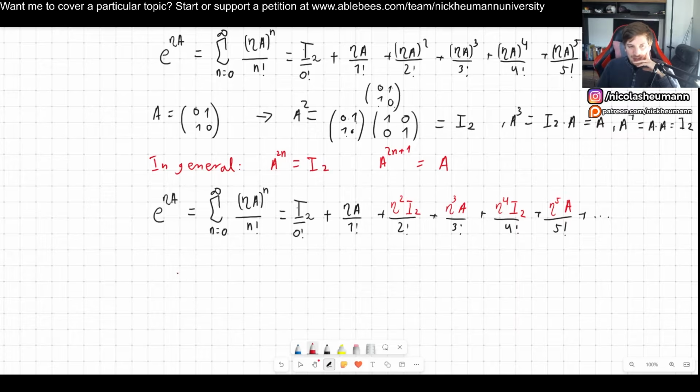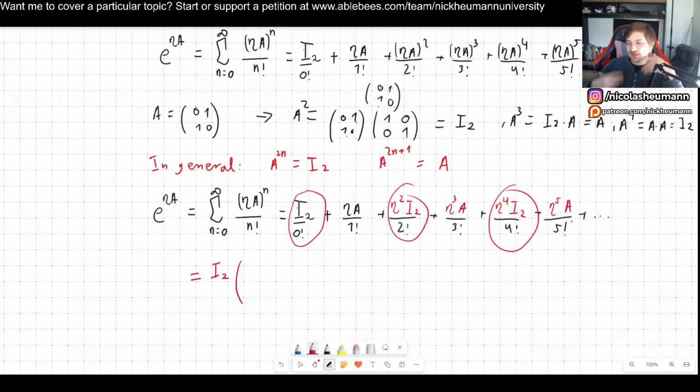So now let's group these things up. Let's factor by the identity and by a. So we're going to have the identity here as a factor of this, this, and this, and then infinite terms, but I'm going to use those three to represent what's going on.